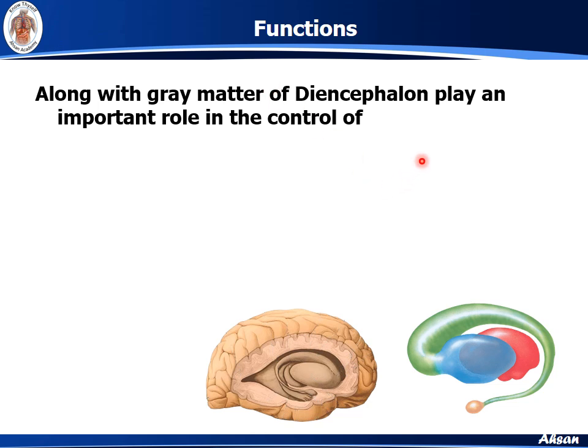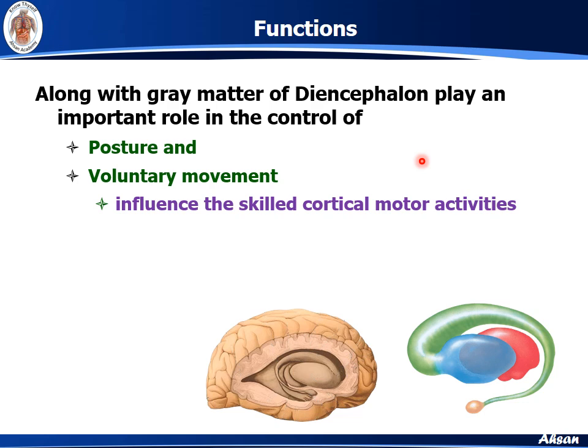Along with the gray matter of the diencephalon, this plays an important role in control of posture and voluntary movement of the body. This influences skilled cortical movement activity. So if it is disturbed, the skilled function converts into a raw, coarse movement.